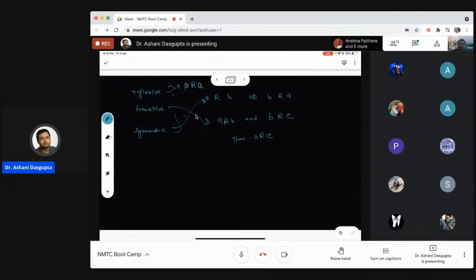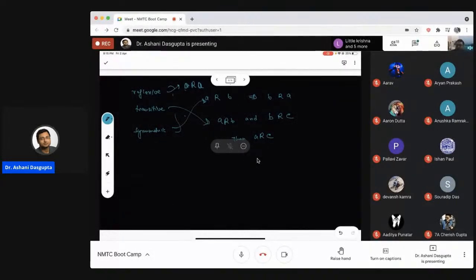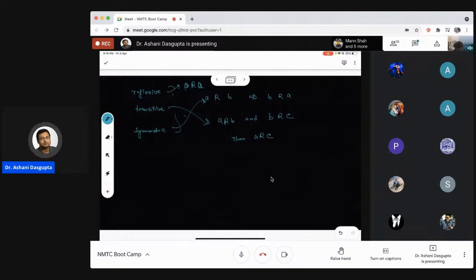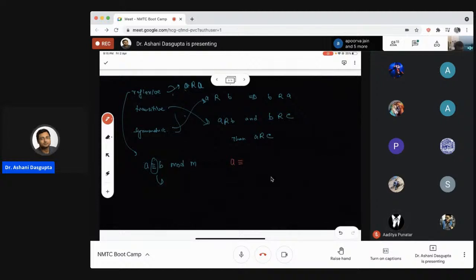That's what reflexive is. So can you tell me whether this congruence relation, A congruent to B modulo M, is reflexive? Well, of course it is, because A is congruent to A modulo M, because M divides A minus A.